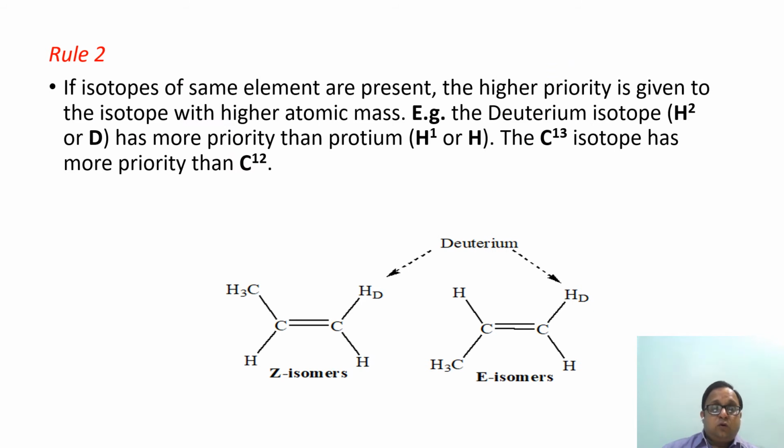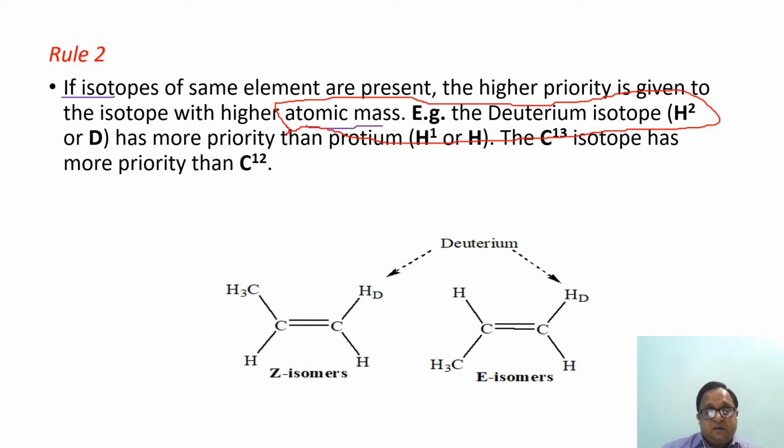Now come to rule 2. If isotopes are involved in the system, then we have to consider atomic mass. The isotope with higher atomic mass will be given the higher priority.